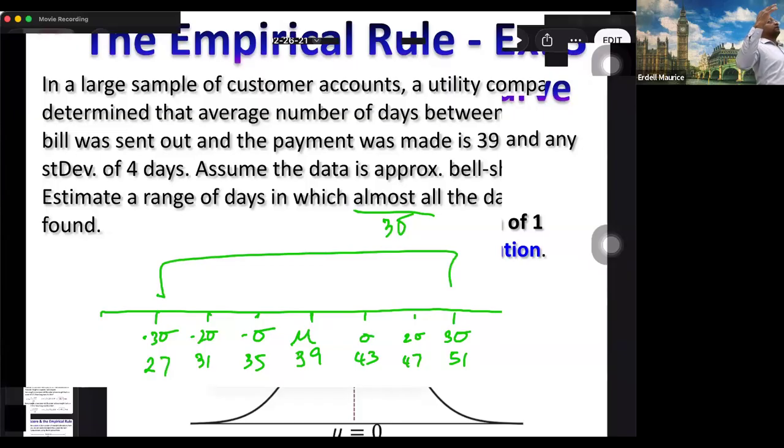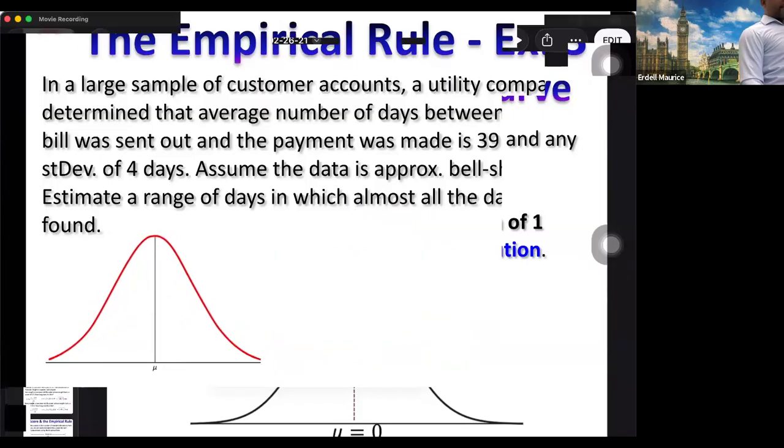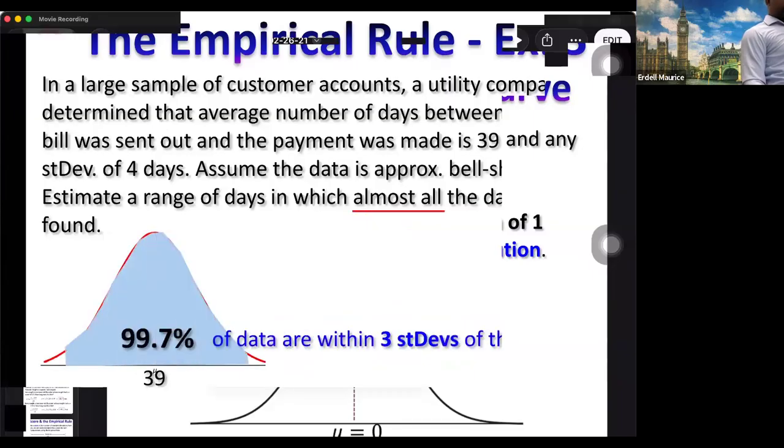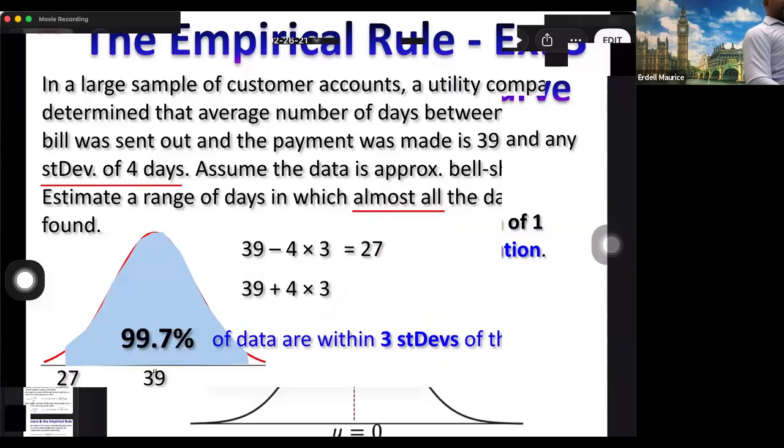So they draw their triangle right here, 39, almost all, 99.7, 3 standard deviations away from the mean. They just calculated them directly, right? I had to subtract 4 three times, yes? So they just skipped to the answer 27. And then I had to add 4 three times going up. So they just skipped to the answer 51. Yes? And so those are our two answers. Questions there?